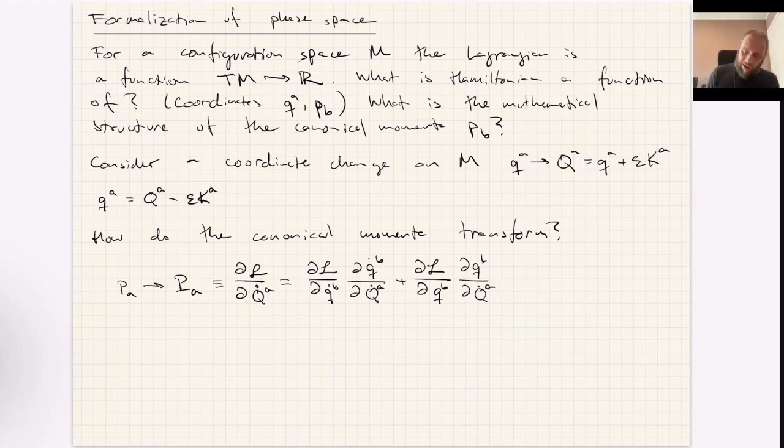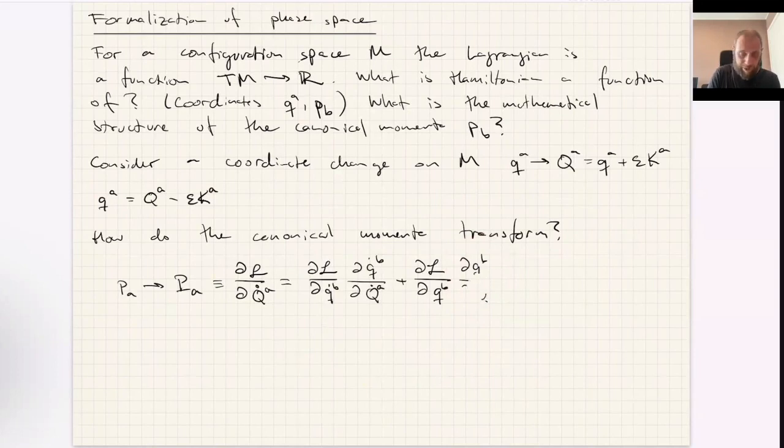Okay, but I know here that the coordinate transformation here, the q's depend only on the q's themselves. Right? It does not depend on the derivatives of q's. So it's a transformation on the configuration space only. So that means that this partial derivative is equal to 0.